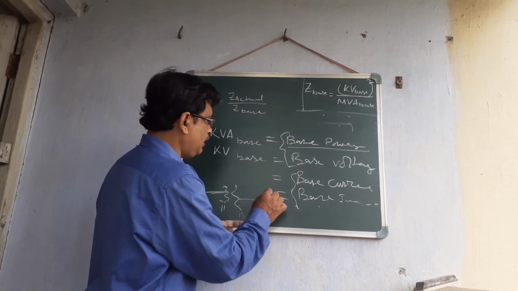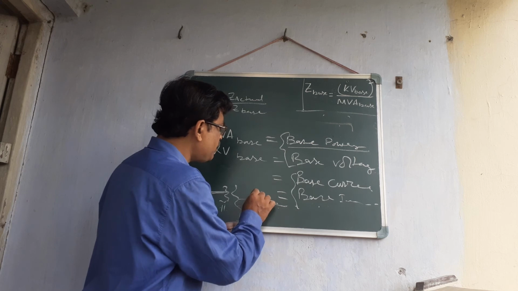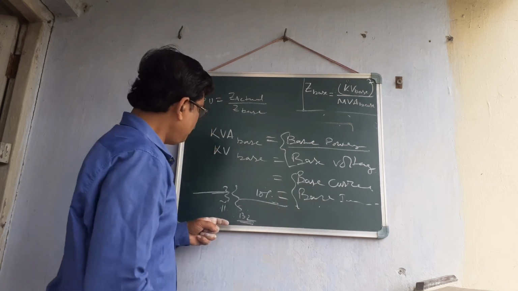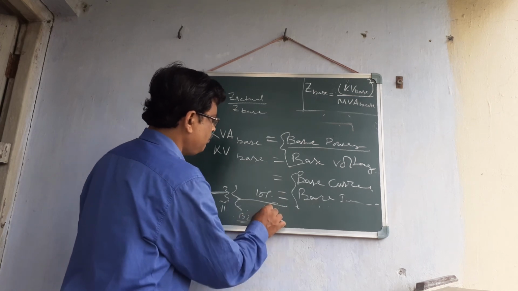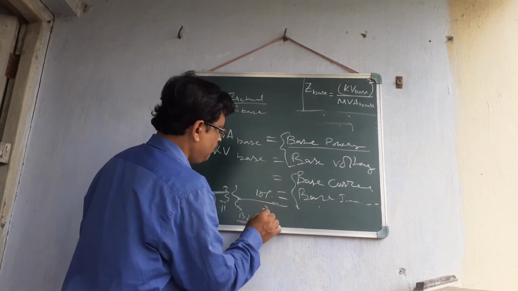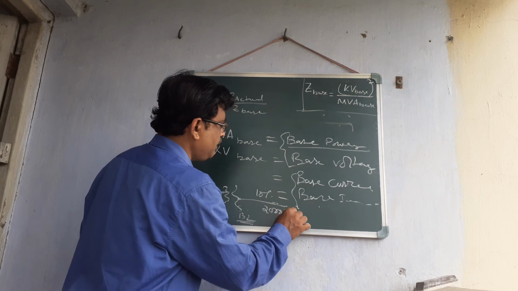Suppose there is 10% reactance here, and on this side 2000 kVA is the power.